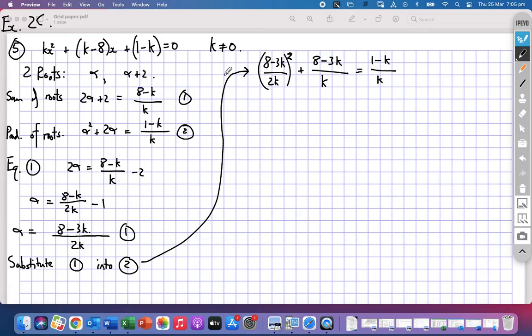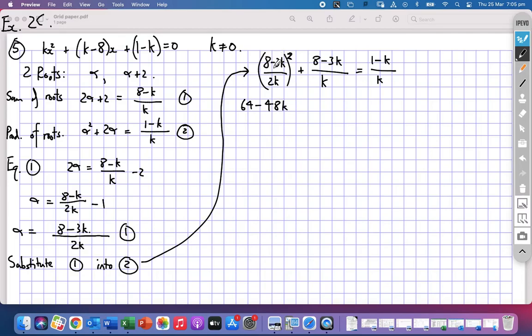Right. From here, maybe we could square this, and what about if we minus that from both sides? I can see this common denominator of k here. Alright, so anyway, let's square this as well. So we've got 64 minus, so what's the 2ab term? 8 times 3 is 24. 24 times 2 is 48.